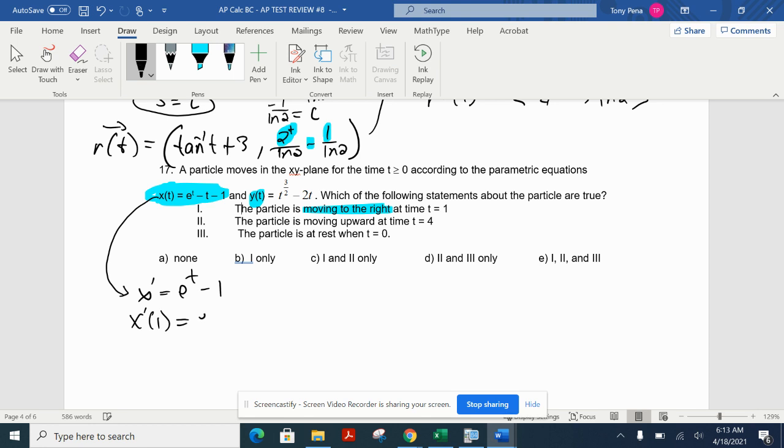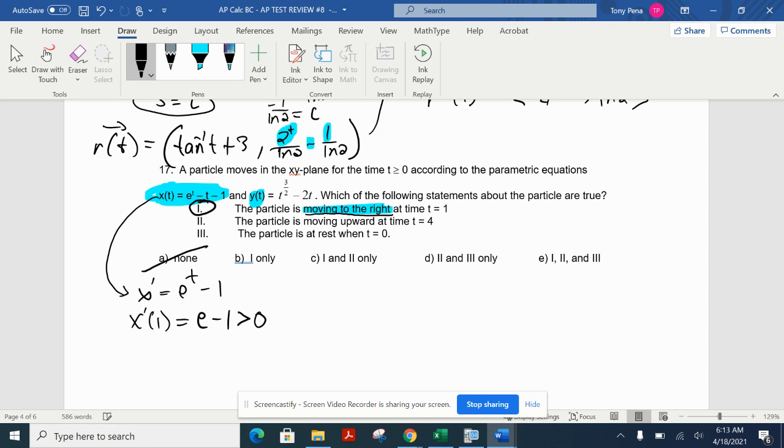So I would just get e to the 1. You wouldn't have a calculator in your hand, so they would expect you to know that e is about 2.7. So this is definitely greater than 0. It's positive, basically. So that means my x position is increasing. X position increasing means we are, in fact, moving to the right. So number 1 is true.